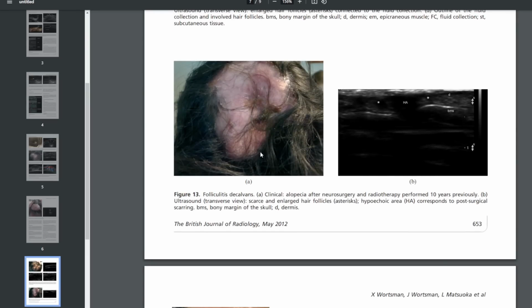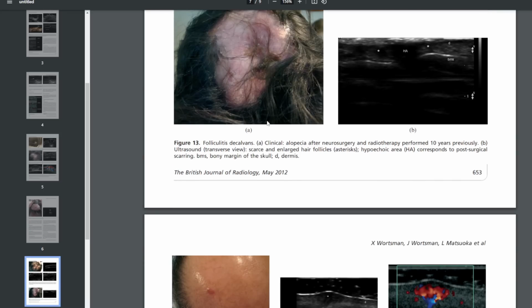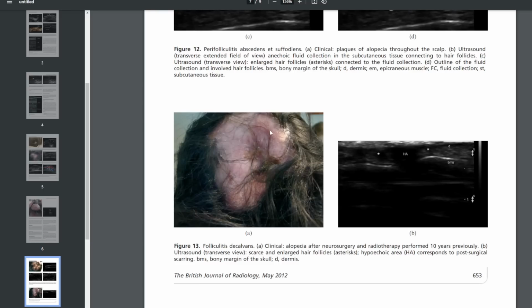Folliculitis decalvans is a pretty tough cicatricial or scarring alopecia. And in folliculitis decalvans, it's typically due to some sort of microbe. It could be a bacteria or fungus that causes an inflammation in the hair follicle, right? Notice the ending, itis, inflammation.